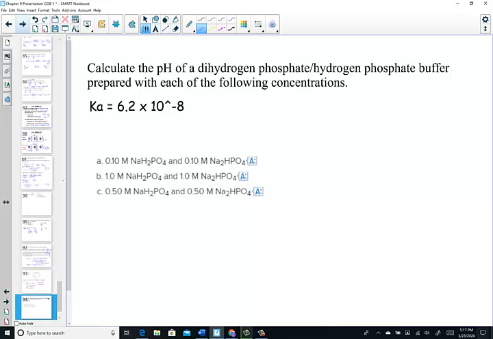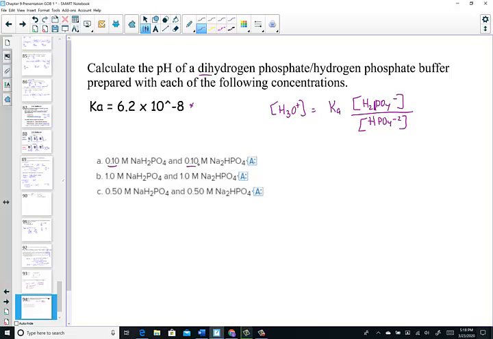Let's calculate the pH of the dihydrogen phosphate buffer. Given the following concentrations, here's our Ka value. So the hydronium ion concentration is equal to the Ka times the concentration of the acid over base. The dihydrogen phosphate contains more hydrogen, right? So that's H2PO4 over HPO4 2-. Alrighty, so here we have in letter A what we call the ideal buffered solution.